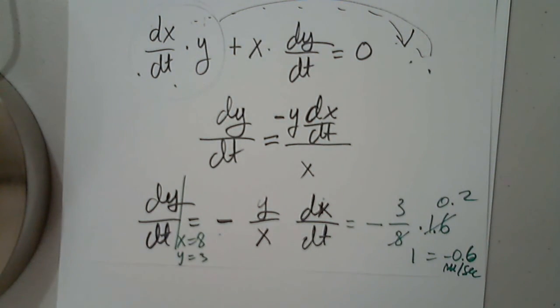As expected, as a negative number. So his shadow on the building is decreasing. Remember, this cannot be taken into account, you cannot put it in till the last second of the problem.